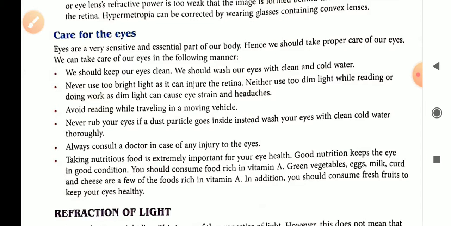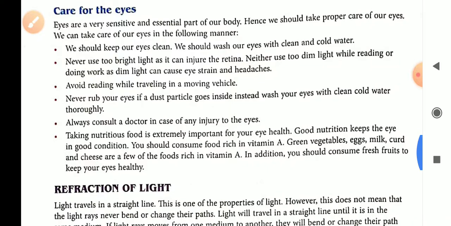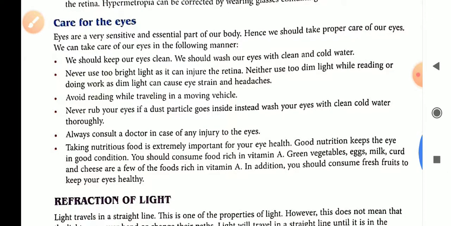Neither use too dim light while reading, nor very high light, because it can cause eye strain and headaches. Avoid reading while traveling in a moving vehicle. Never rub your eyes if a dust particle goes inside. Instead, wash your eyes thoroughly with clean water. Always consult a doctor in case of any injury to the eyes.